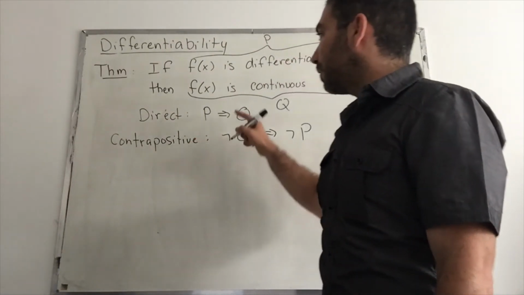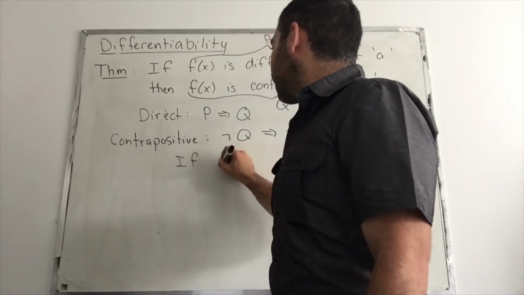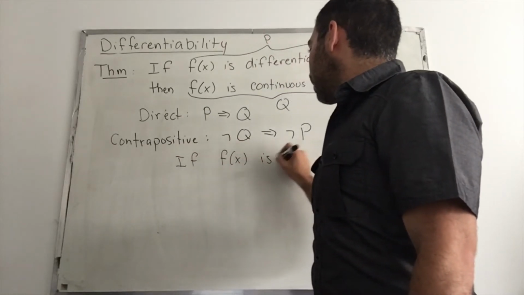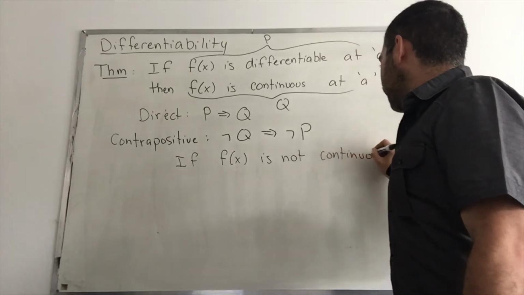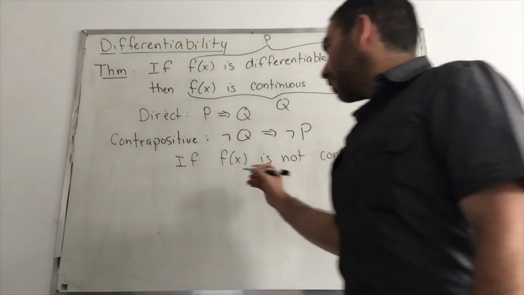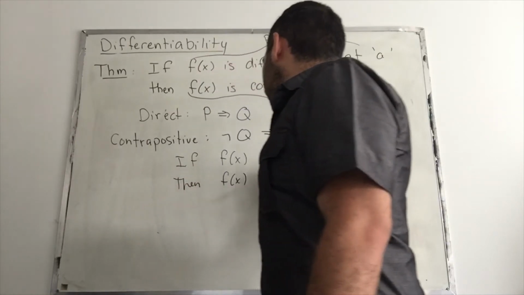So the contrapositive of this direct statement would be if f of x is not continuous, then f of x is not differentiable.